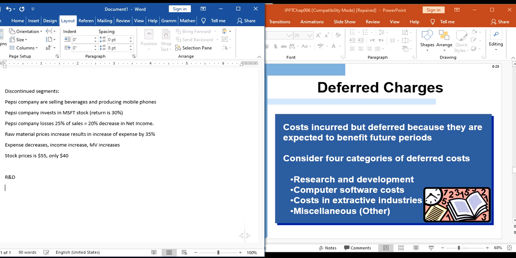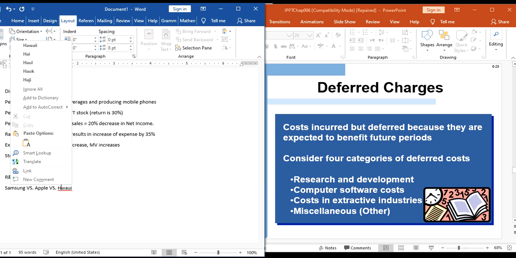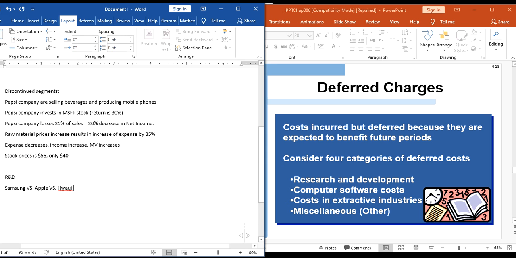So imagine, for example, Samsung company versus Apple company versus nowadays Huawei company. Okay, I don't know whether this spelling is right. Anyway, Huawei company. So these guys are working and spending money on research and developments.